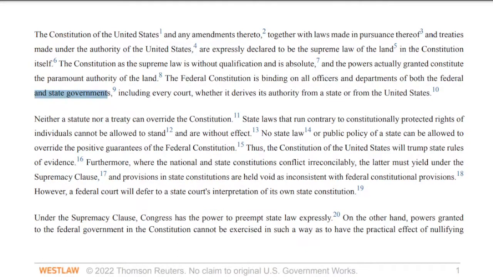I find this kind of interesting if you notice the capitalization of the word federal here and the lack of capitalization on the word federal here. So when they are saying the federal Constitution with a capital F, I believe they're referring to the United States, not the United States of America, but the United States as a federal corporation.